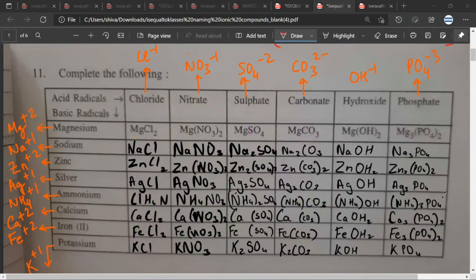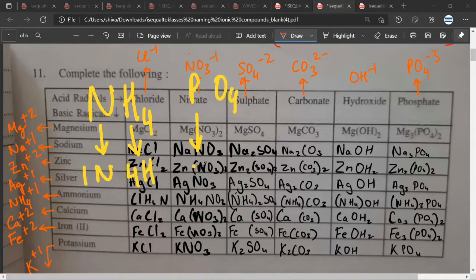So for this compound that we have made, I'll just brief you. What does NH4 mean? It implies that there is 1 nitrogen and there are 4 hydrogen. Have you understood? Yes. What PO4 implies is that there is 1 phosphorus and there are 4 oxygen. Any doubt? No doubt.